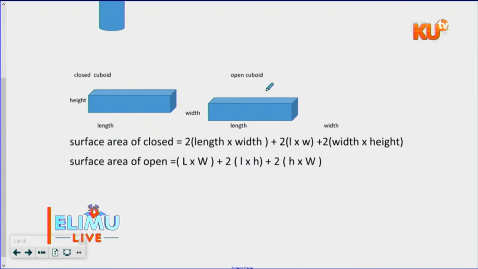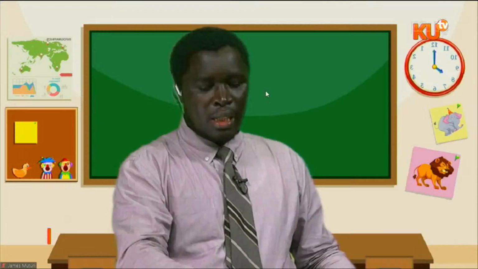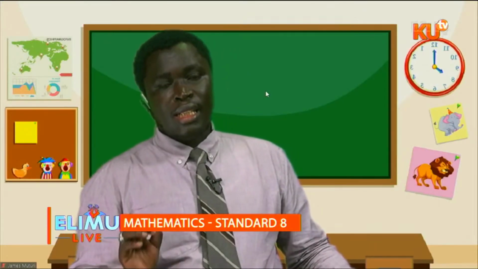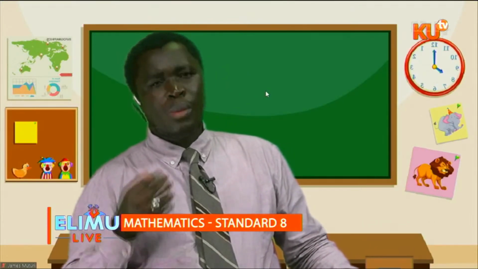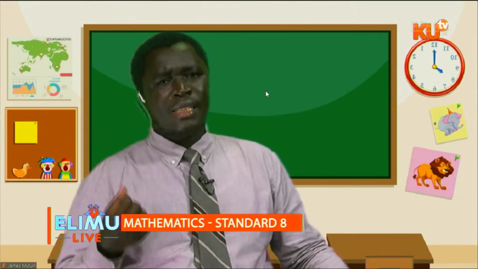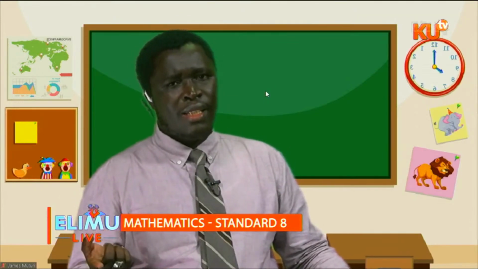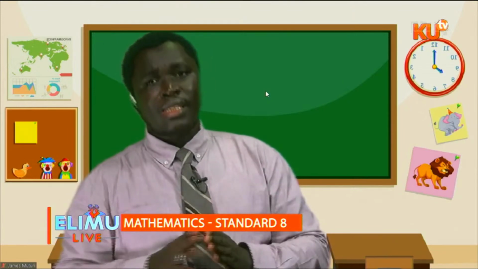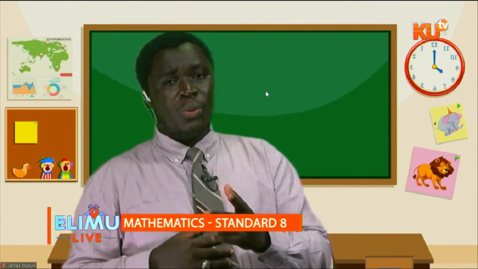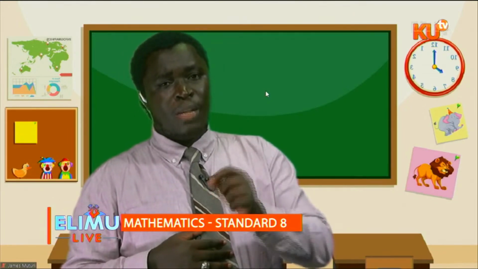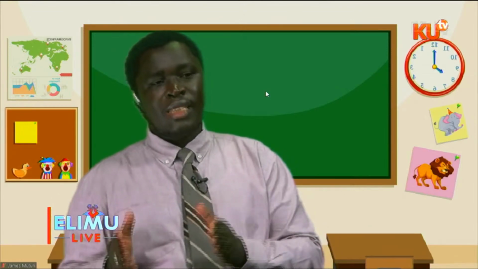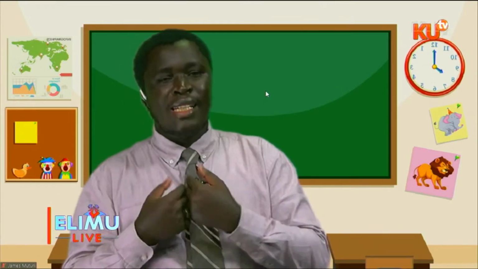So when we'll be calculating the area, we'll be calculating the area minus one face. Not all the faces are going to be multiplied by 2 because one of the faces is missing its twin or its identical face.